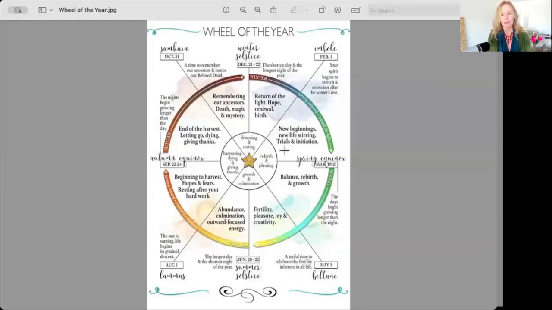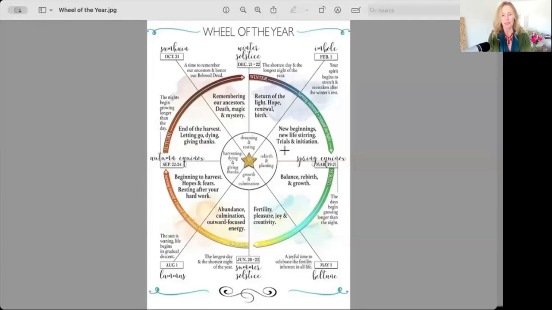You'll see that once Beltane hits, it's fertility, pleasure, joy, creativity, joyful time to celebrate the fertility inherent in all life.